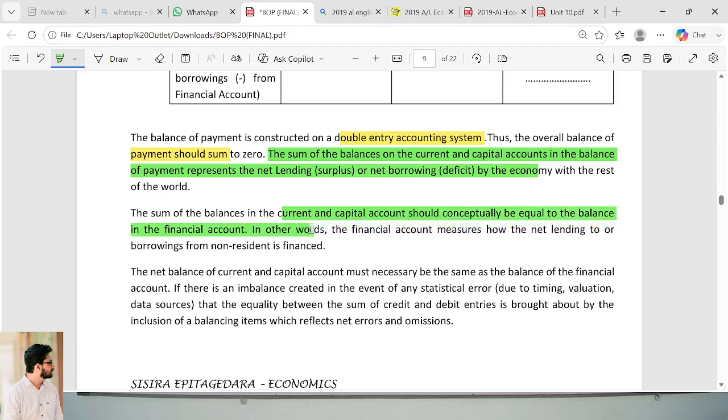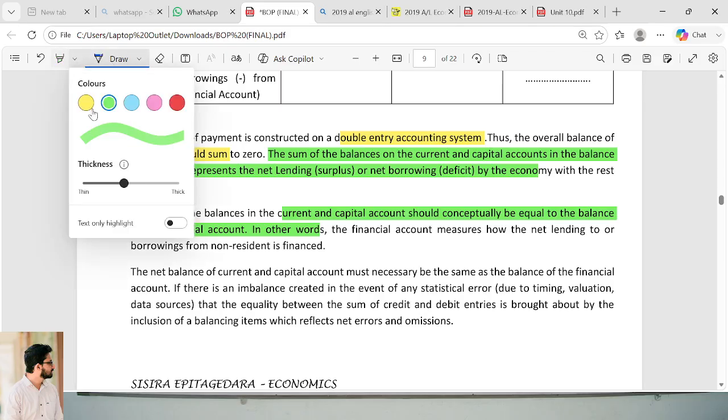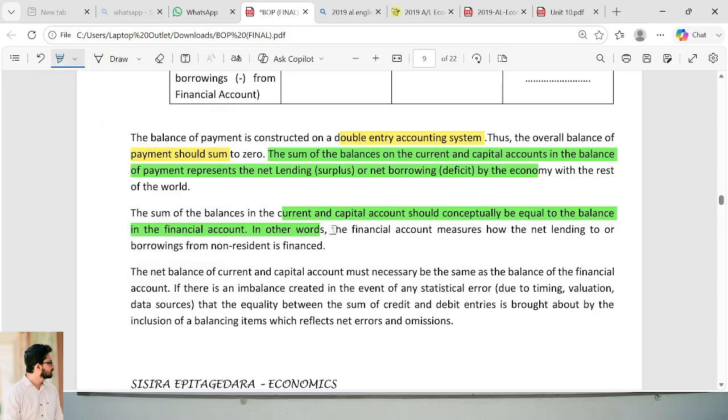In other words, this part is really important, the answer to what Sandil asked: what about the financial account? I'll use this color. The financial account measures how the net lending or net borrowing from non-residents is financed.